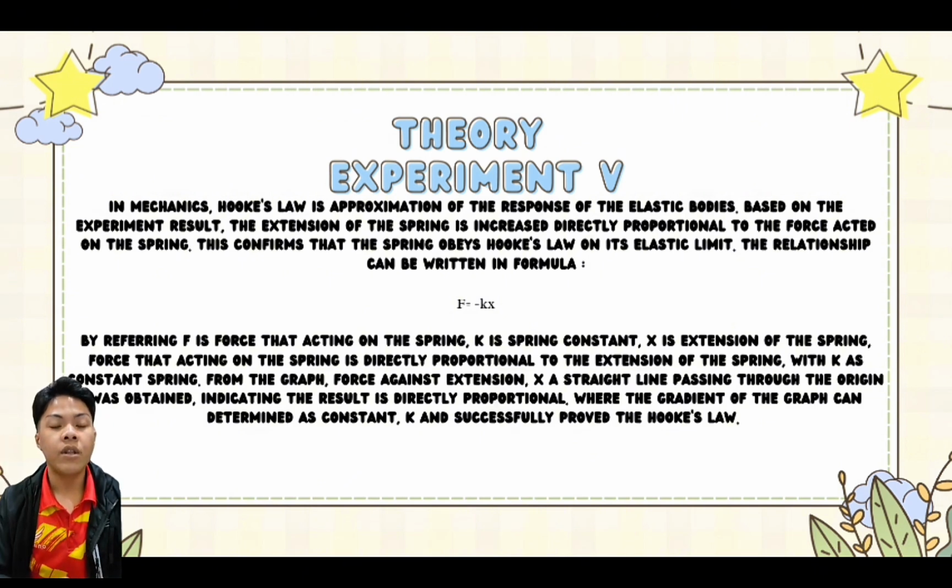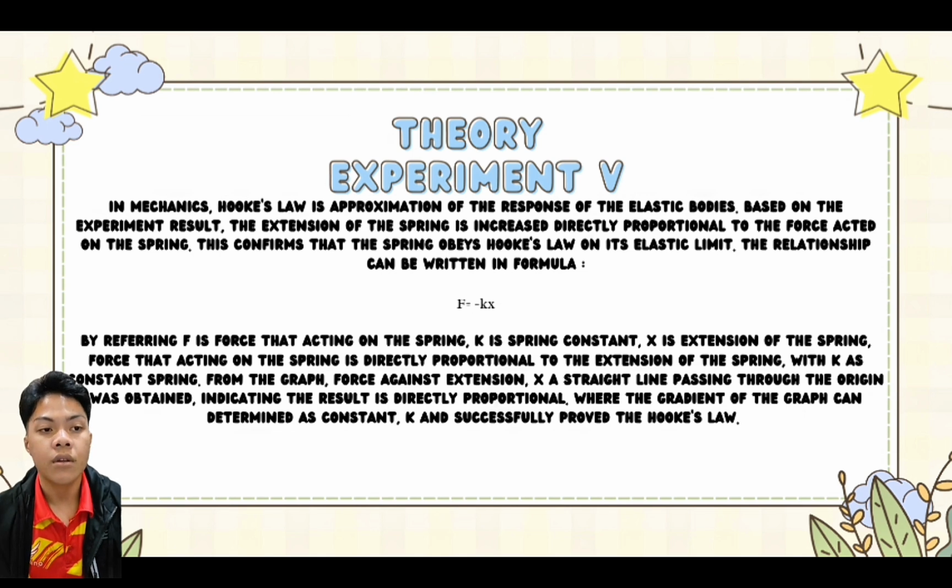That means our result is directly proportional, because when the force increases, the extension also increases, so the gradient of the graph can be determined as a constant, and this successfully proves Hooke's law. Based on our graph, we get a directly proportional relationship, so we know that our graph proves Hooke's law.